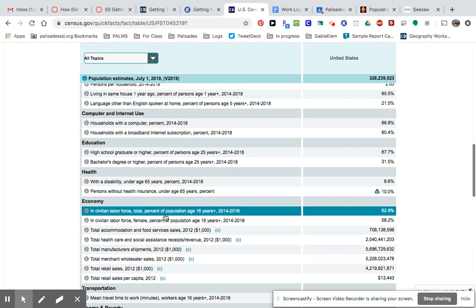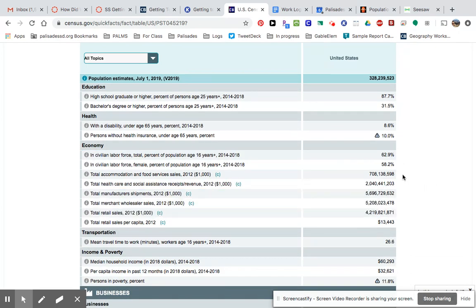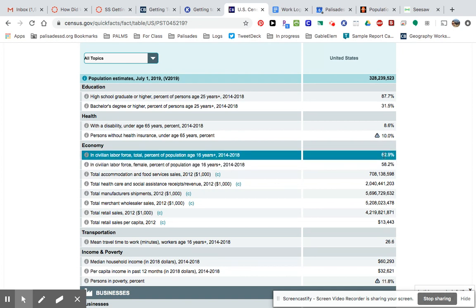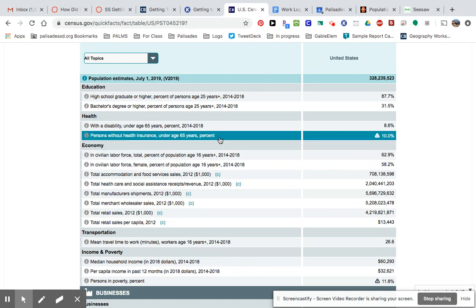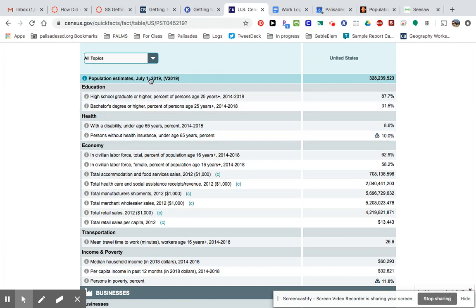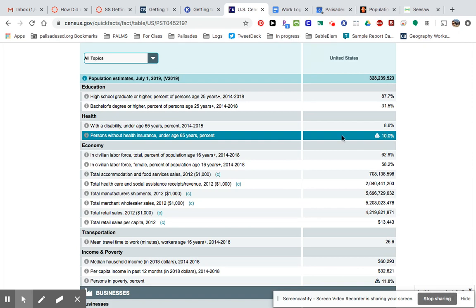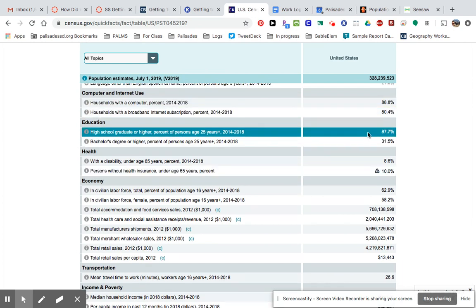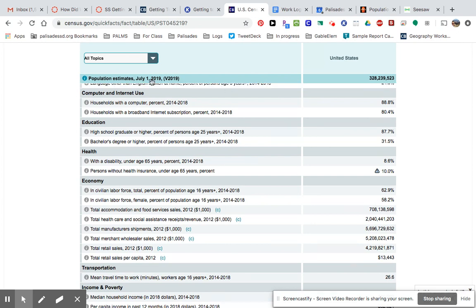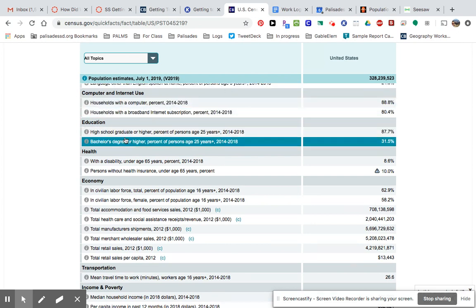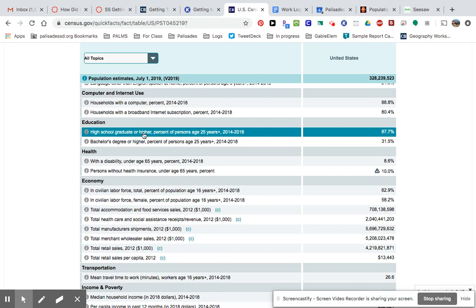You'll notice that some of the numbers are represented in actual numbers of people, and then some are a percentage, right? What percentage of the population does not have health insurance? Well, as of July 2019, 10% of our population was under the age of 65 without health insurance. 87.7% of the United States population, as of July 1st, 2019, had a high school diploma or higher.